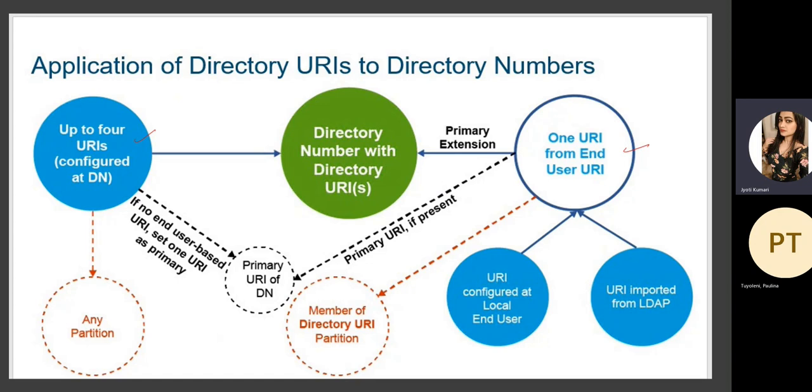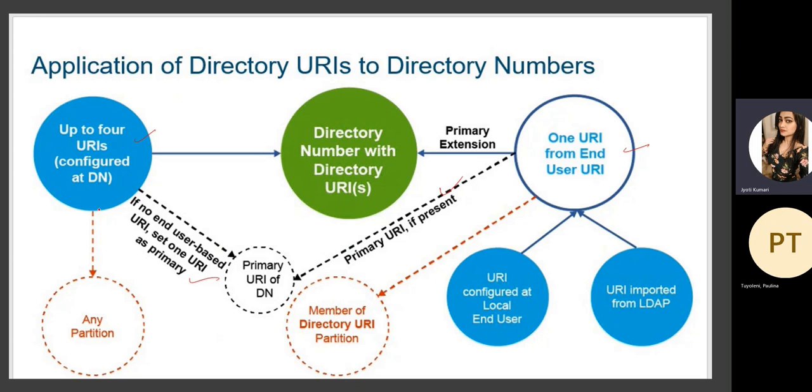The primary URI, if present, will be used for making calls every time. So that will be its identification of the URI. The primary URI will be used if no end user based URI is set; set one URI as primary.